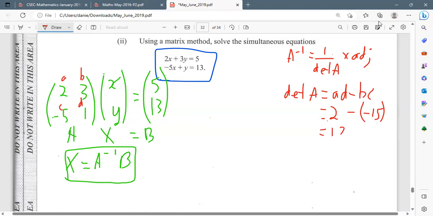Alright, and then the adjoint of A. So together we interchange A and D, so it'll be 1 and 2. And we change the signs of B and C. So B is positive, so it'll be minus, and C is negative, so it'll be plus.